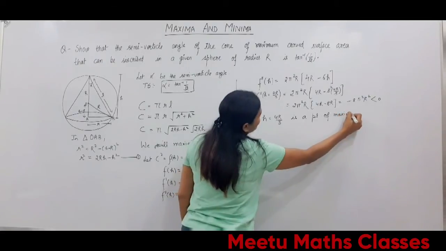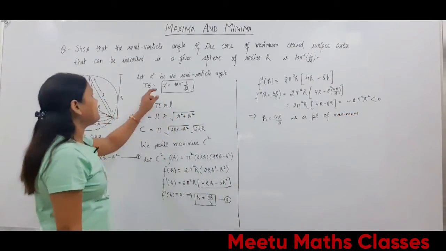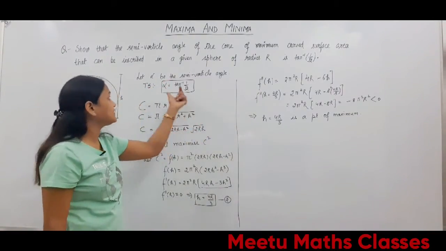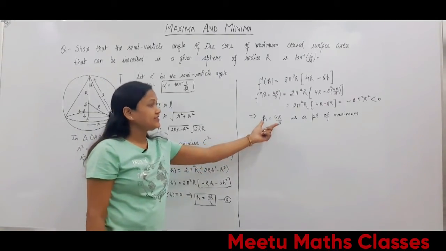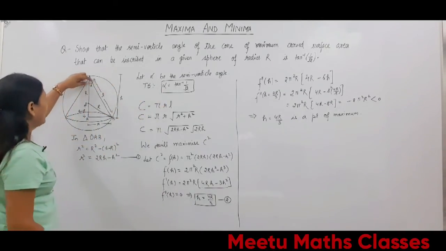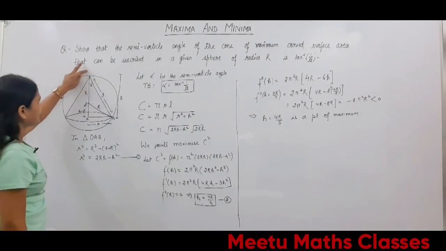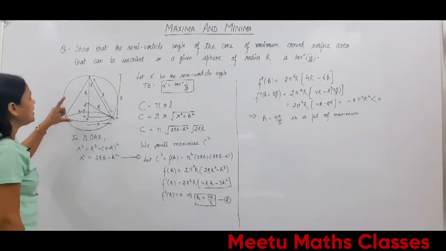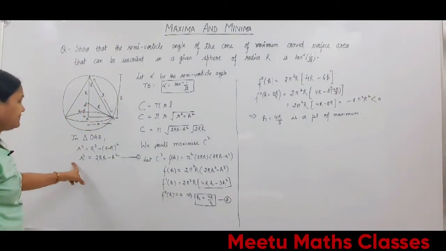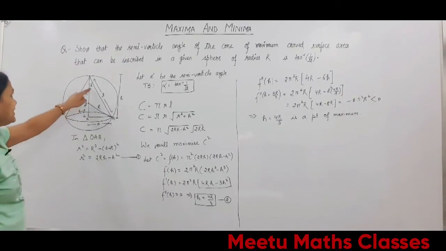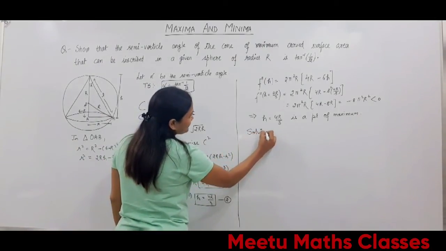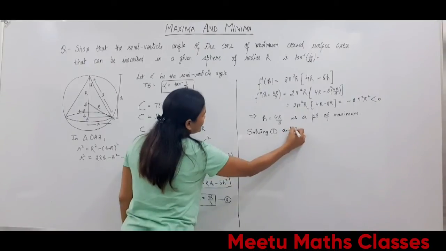And you have to find the semi-vertical angle when your curved surface area is maximum. So you have to find the value of the semi-vertical angle when h is equal to 4R upon 3. Now to find the value of alpha, how can alpha come? Consider a triangle in which alpha is an angle. If you can find some relation between r and h, then you can find alpha. So solving 1 and 2.